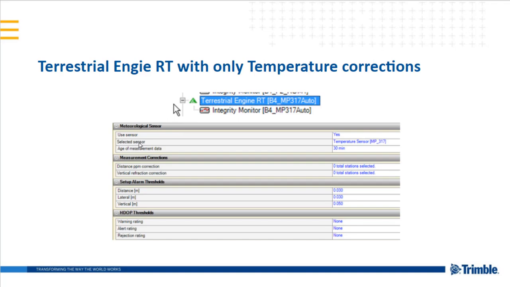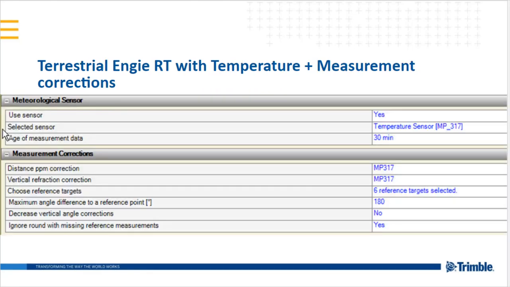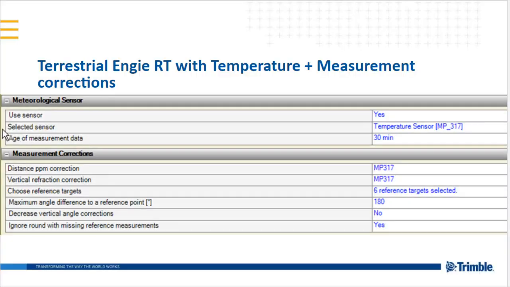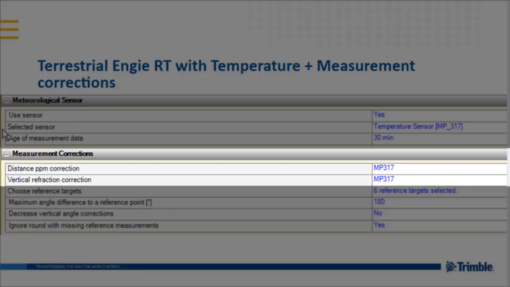In their T4D server, they have a terrestrial engine with only temperature corrections, and another terrestrial engine with temperature and measurement corrections. In the measurement corrections, you can select the total station to calculate ppm correction and also vertical refraction corrections. In this case, both was used, but it's also possible to use one kind of corrections only.